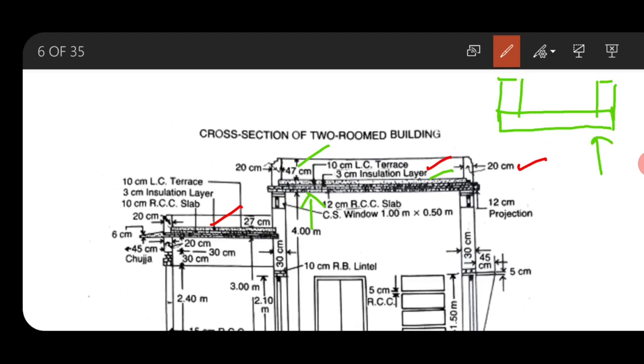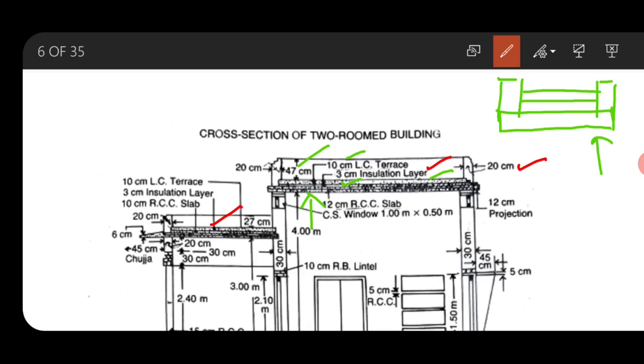So after preparation of the parapet over the entire room, you will prepare the cement concrete layer which is of thickness 10 centimeter, and then over that you will prepare 3 centimeter insulation layer.